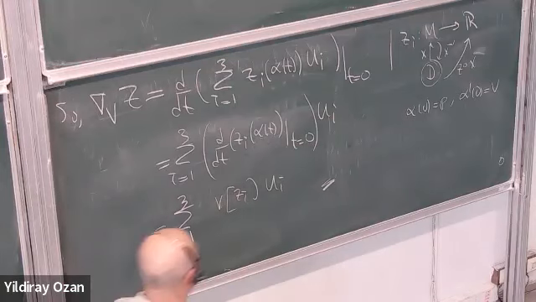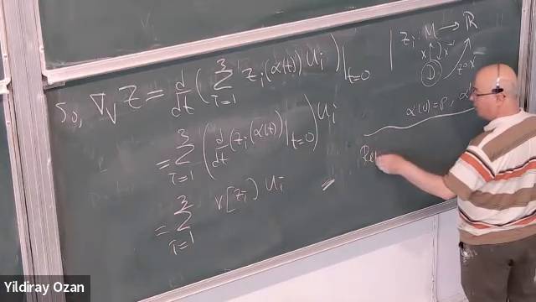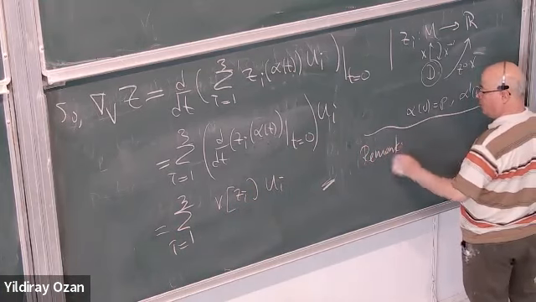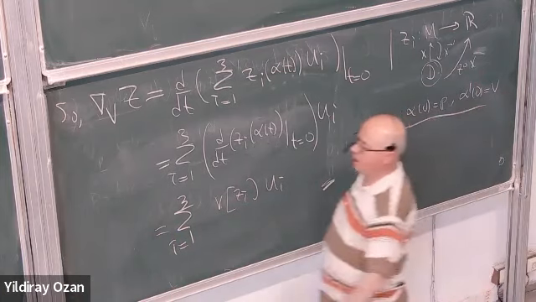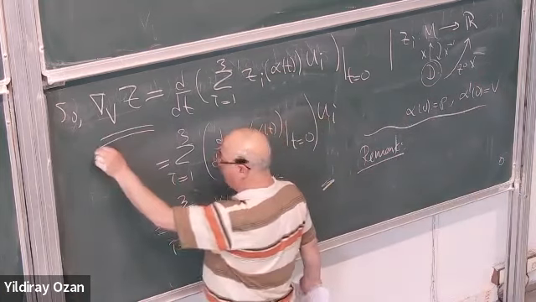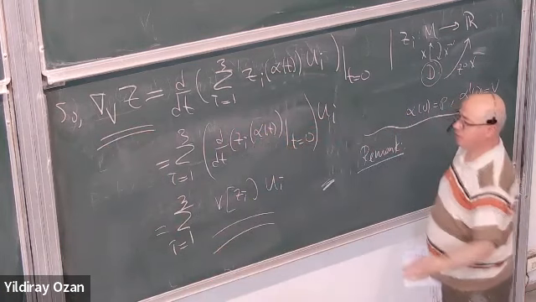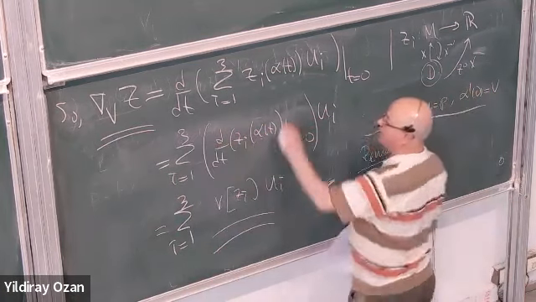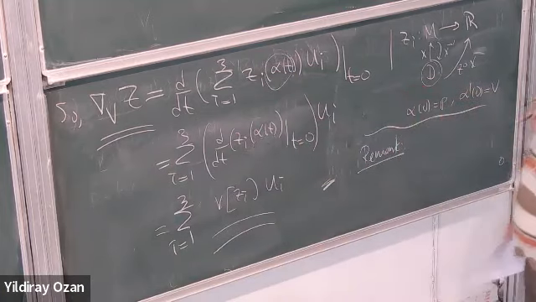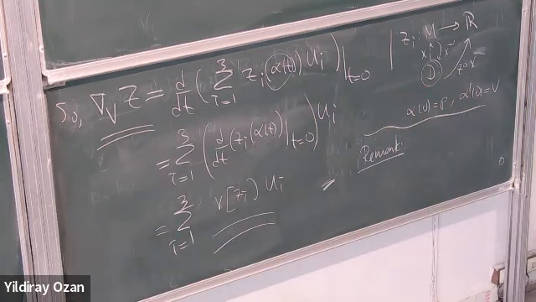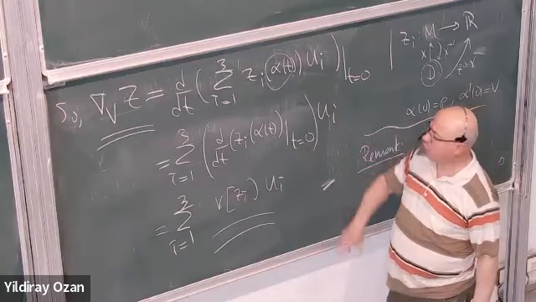Let me write here as a remark. You see, here I don't have any alpha, and here I don't have any alpha, but to define this, I need alpha, right? There is alpha here, but this proof shows that actually it is independent of the alpha.